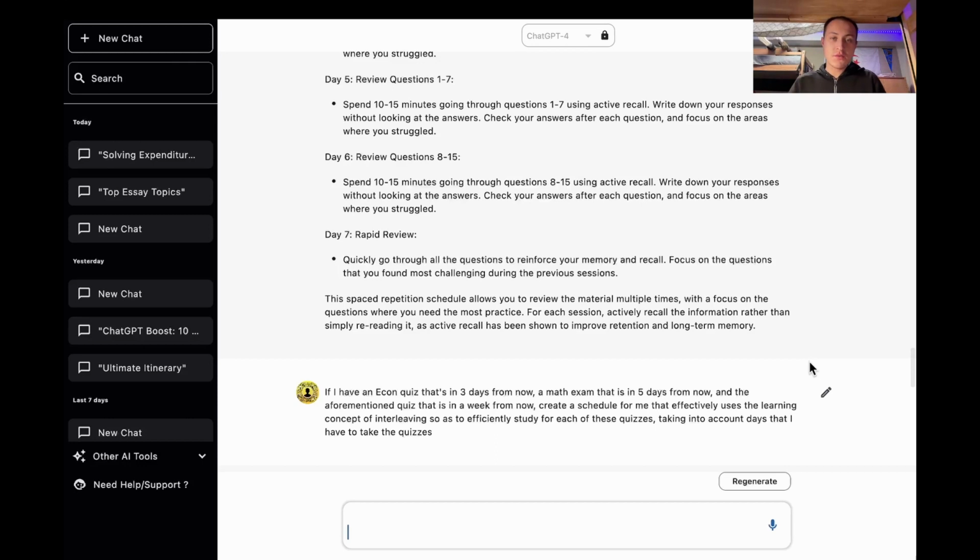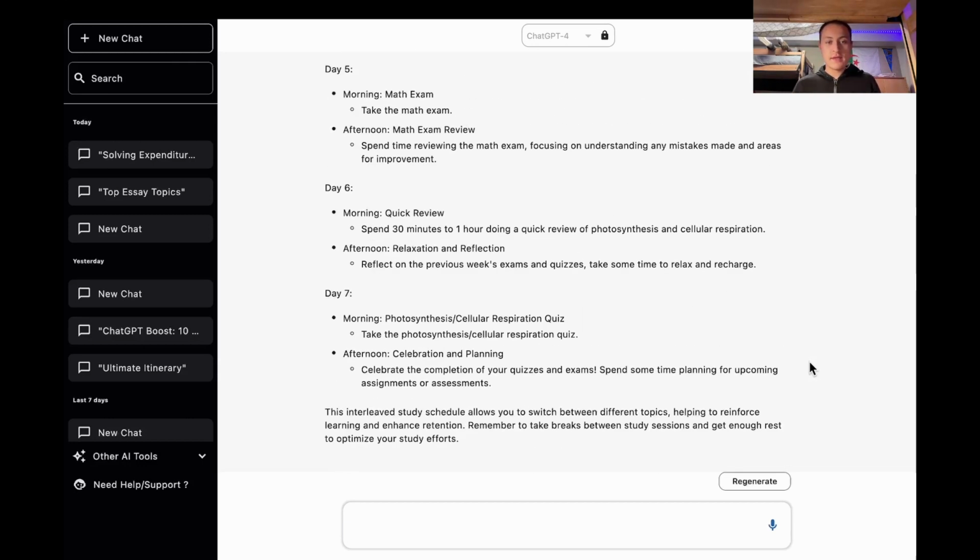Oh, and just so you know, in case you don't already, interleaving is basically an effective studying concept in that if you just study one concept for the whole day, you're going to feel that you understand it better, but you're not going to learn as much or as effectively as, say, if you study for 30 minutes to an hour of one thing, and then you study a different subject following that for 30 minutes to an hour, and then you switch to another subject, and on and on.